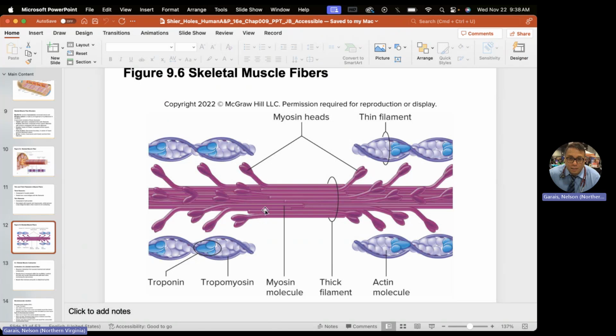And you now know the two major things that are required for muscle contraction, which are ATP and calcium. We get the calcium from the sarcoplasmic reticulum that surrounds the muscle fibers, and then of course you get the ATP from mitochondria that surrounds everything, and we already know that process.